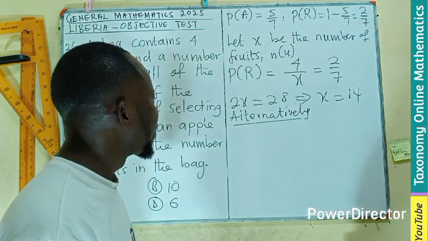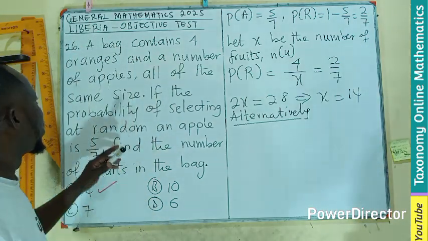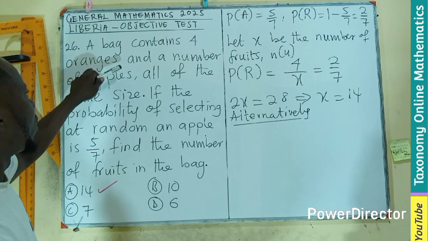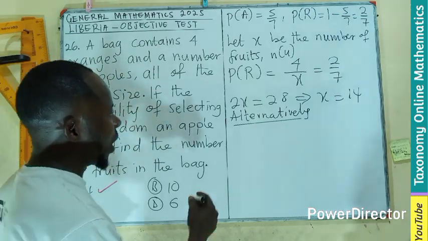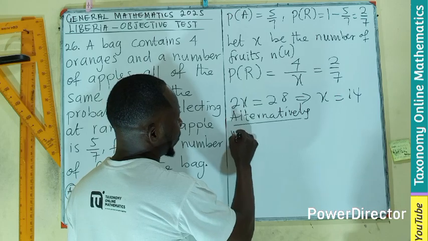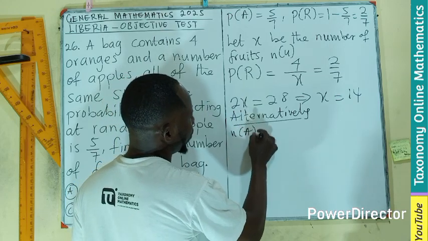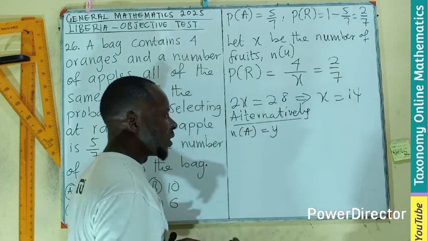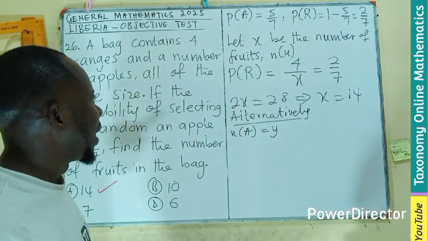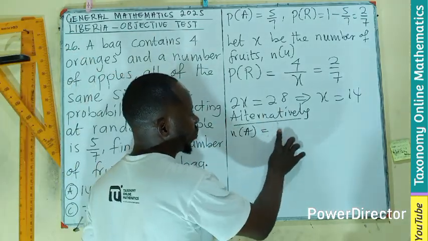All right, here we are focused on the 4 oranges and all other are what? Apple. So I can say that number of apples, you know we use A in the beginning for apple. Let's say it is what? Y. If it is Y, no, let's just eliminate the Y at once.